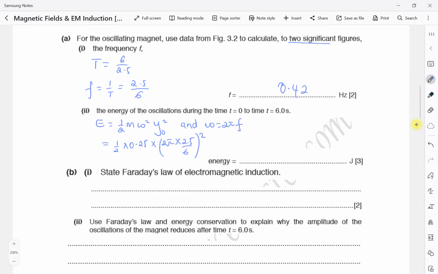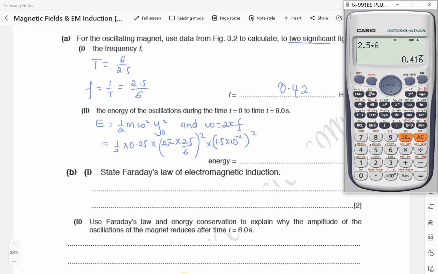So this is going to be times 1.5 times 10 to the power of minus 2, and this should be squared. I'll just check with my calculator. So a half is 0.5 times 0.25 times, I'll open brackets, 1.5 exponent minus 2, but this is squared.